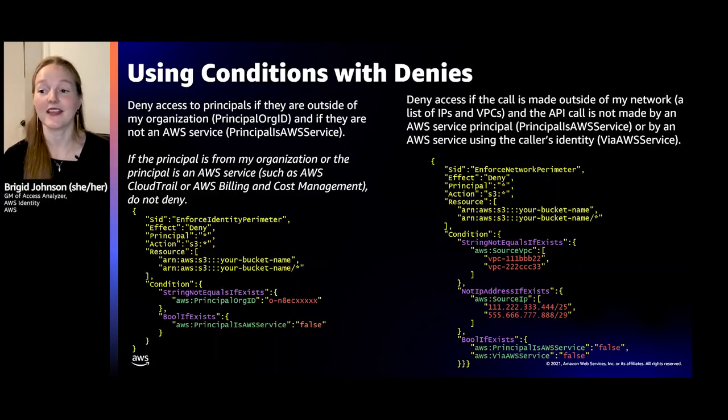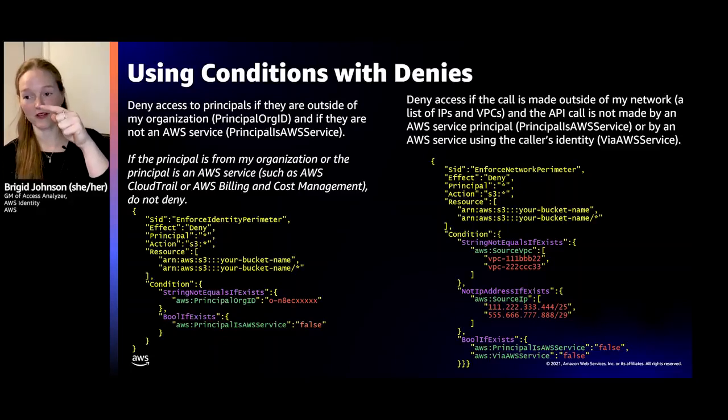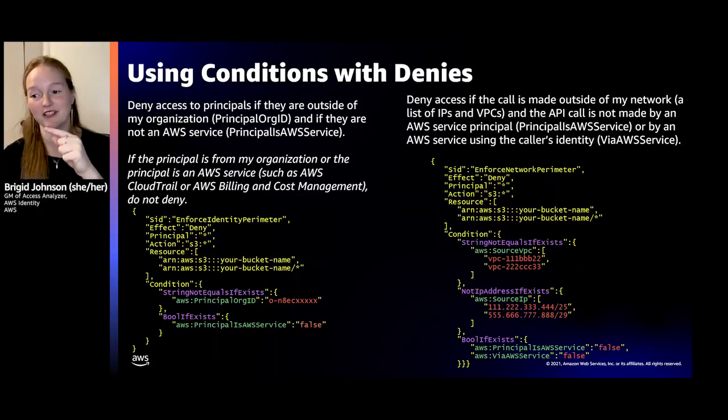Okay. Then on the other side, we have deny access to all these S3 actions on this bucket if these three conditions are met, right? So the deny kicks in if it's not coming from one of the specified VPCs, it's not one of the source IPs specified, and it's not an AWS service and not through an AWS service.